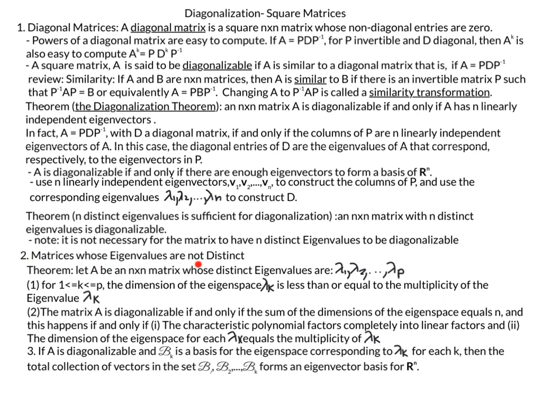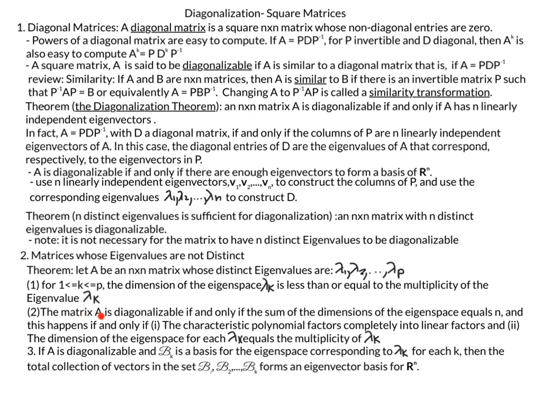Then we discussed matrices whose eigenvalues are not distinct. We have this theorem: if A is an n by n matrix with distinct eigenvalues lambda 1, lambda 2, through lambda p, where p is less than n, then one, the dimension of the eigenspace for the kth eigenvalue is less than or equal to the multiplicity of the kth eigenvalue.